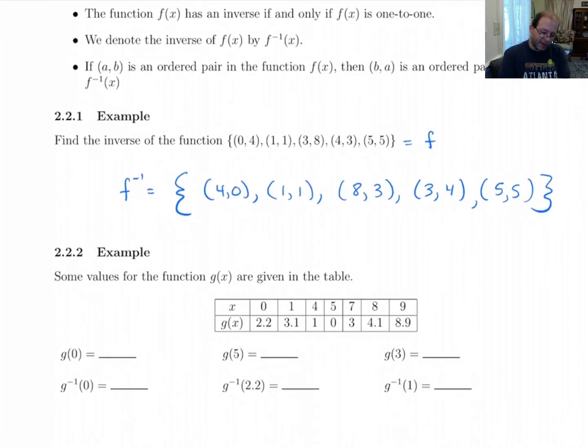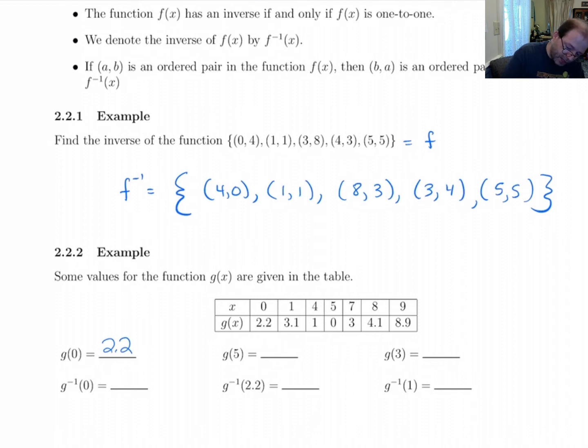Okay, let's do another example. This is a table that just gives us certain values of g of x. So if I wanted to use this to compute g of 0, I'd come over here to where x is 0, and the g value that goes with it is 2.2.